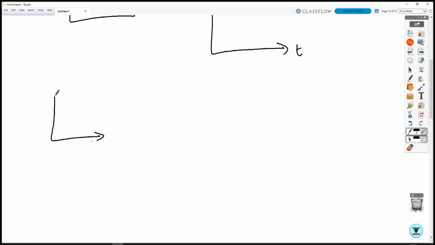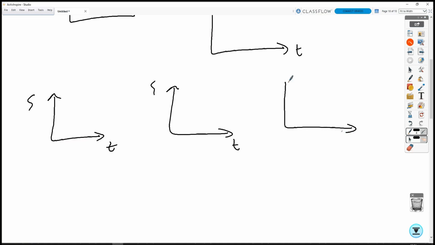And then we'll move on to acceleration. So ST graphs. If we have a straight line, this means that velocity is 0 because there is no gradient.